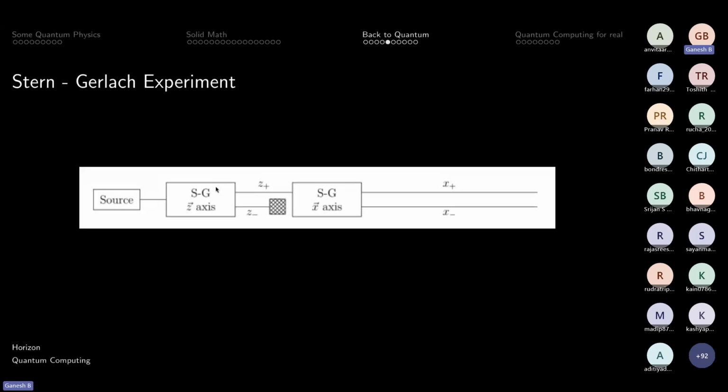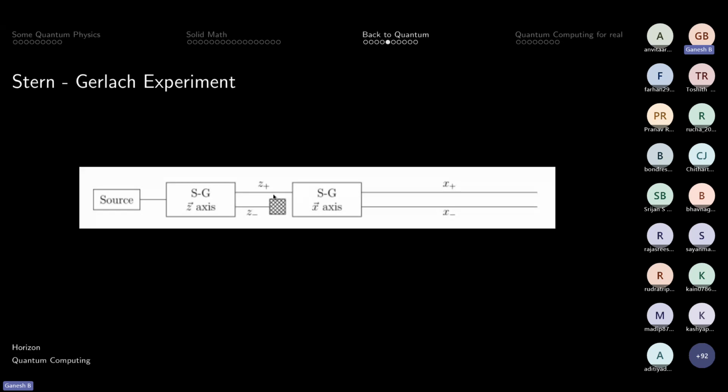Similarly, we try a slightly different setup. First we filter out the Z spins, then we filter the X spins. After filtering Z spin, we take the positive spins and filter them along the X-axis. We again get what we expect: the X-axis separation, with half positive spin along X and half negative spin along X.